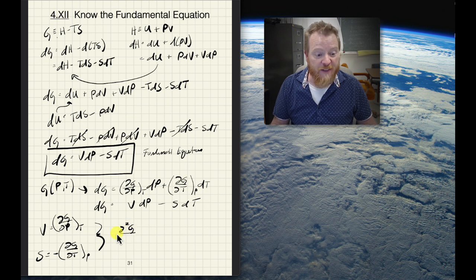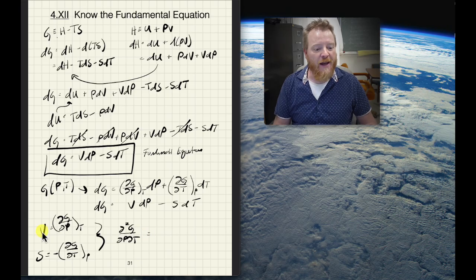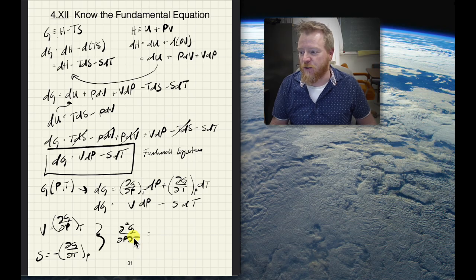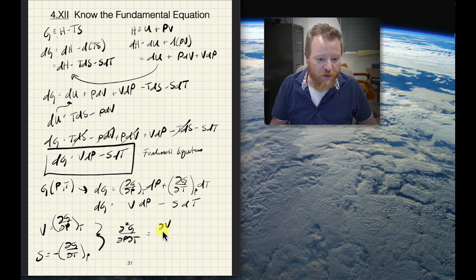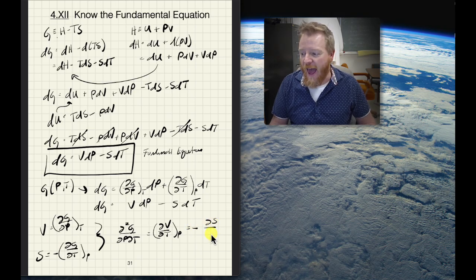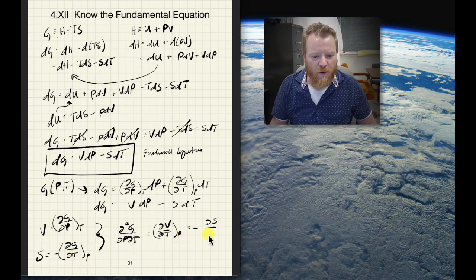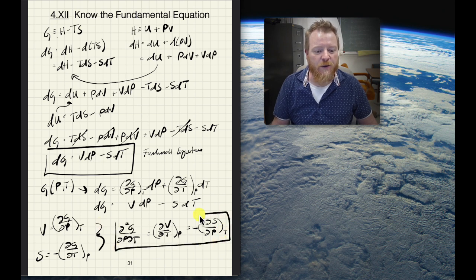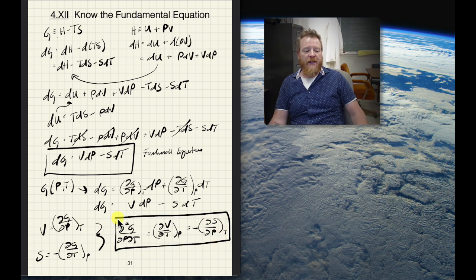So looking at the second derivative of G with respect to P and T, we'll do that with volume first, so we have that with respect to P. Now let's do it with respect to T. So now that's going to be the partial of V with respect to T at constant P. And that will equal the negative partial of S with respect to P at constant T. And here we go, boys and girls, another Maxwell relation.